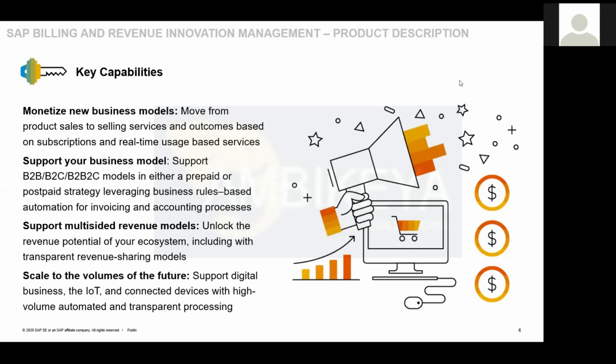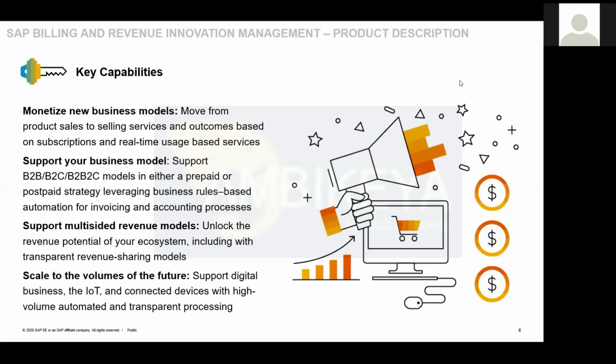We support here different industry approaches. We have a B2B approach, we have a B2C approach, and a B2B2C approach. Because the difference is if you have B2B, you have a high volume, but you don't have a lot of business partners in place. But with a B2B approach, you have a more complex design of processes, for example, like discount processes or master agreements.